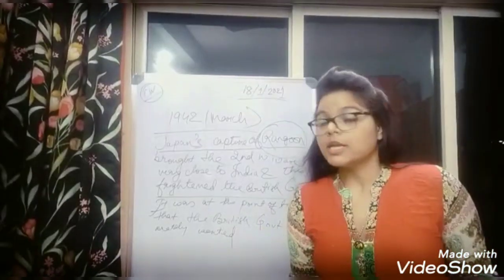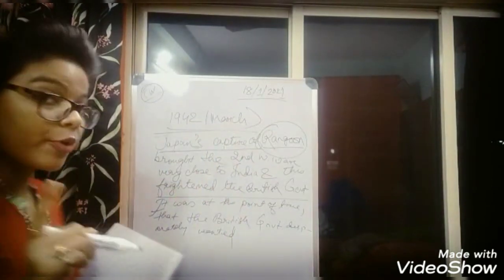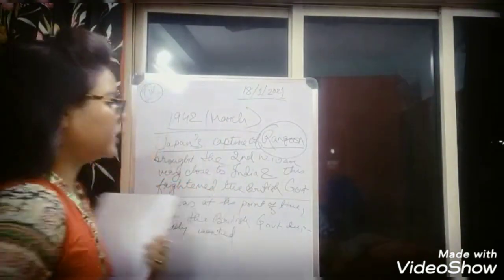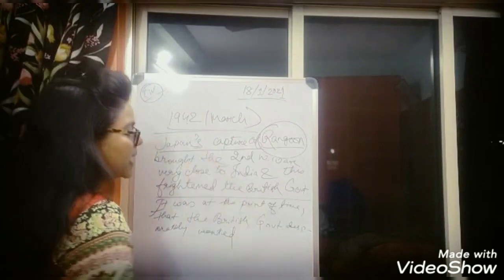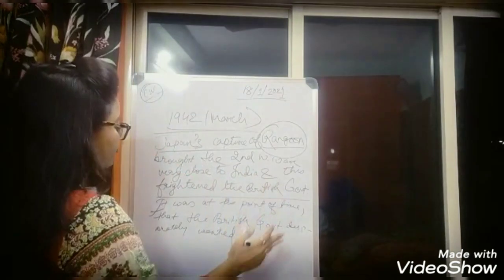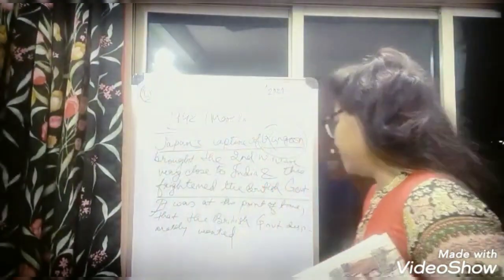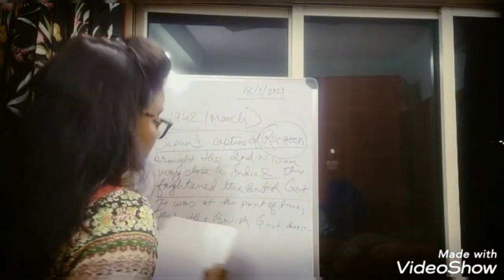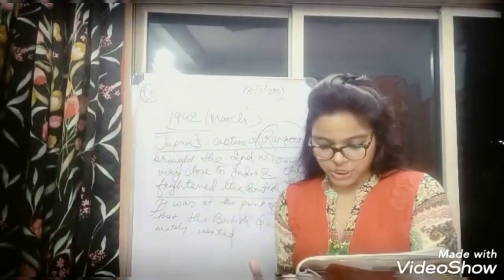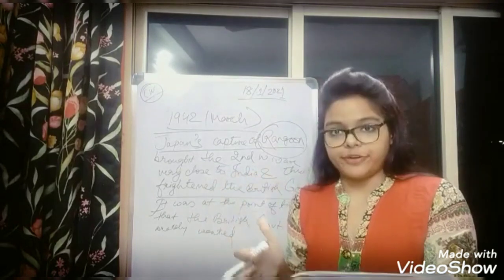So students, Japan's capture of Rangoon in March 1942 brought the Second World War very close to India, and this frightened the British government, and it was at this point of time that the British government desperately wanted the full participation and cooperation of Indians in the war effort.